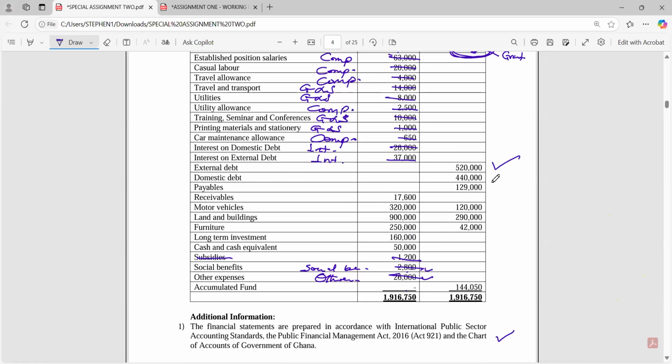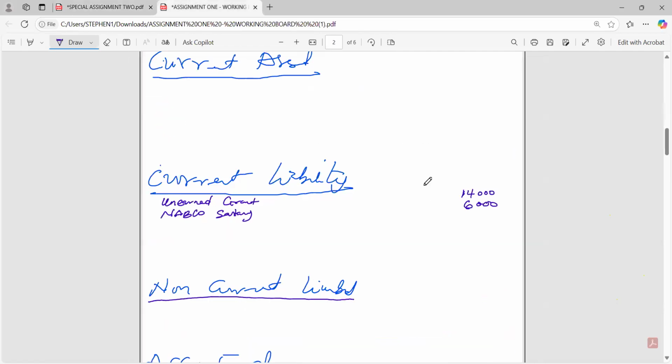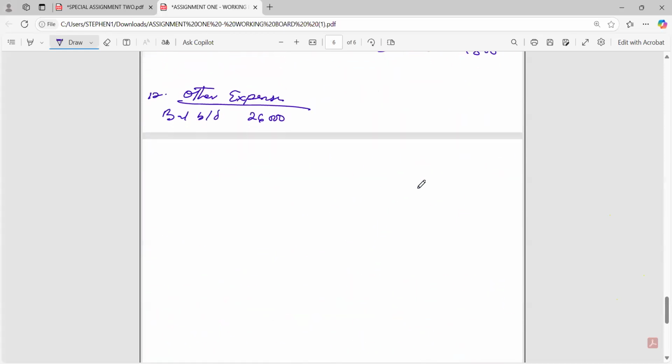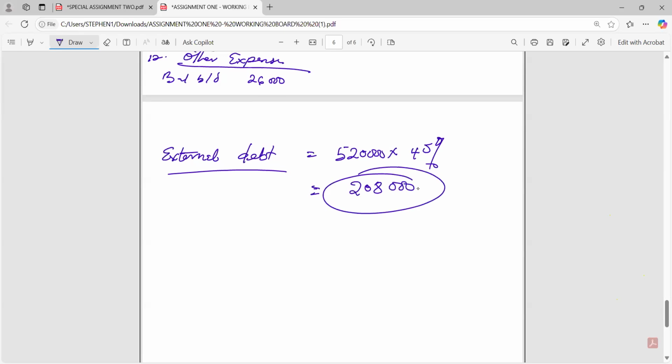External debt, 520,000. 520,000 times 40%. Please answer me. 208,000.